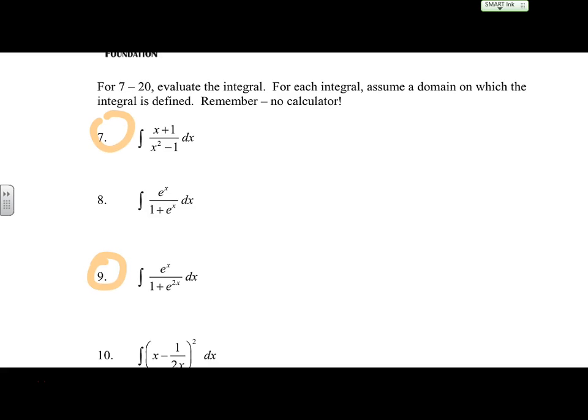Look at number 7, check this out. If you solve number 7 the way that we have talked about in the past, and you try to split up like this, this is only possible to solve with BC techniques. But if you said instead, wait a minute, what can I do to the denominator? Oh my goodness.